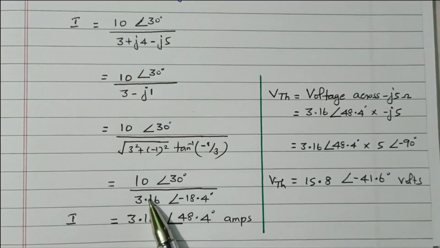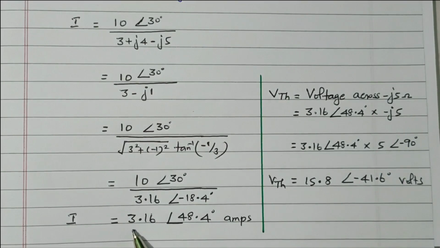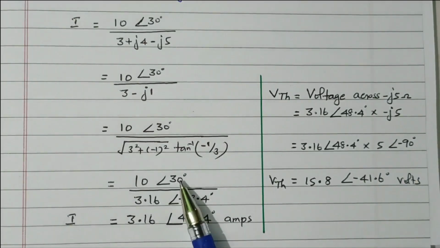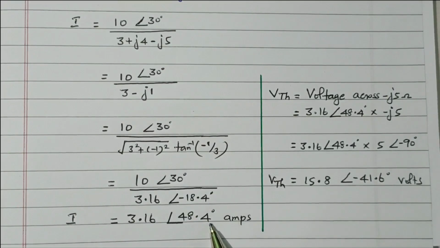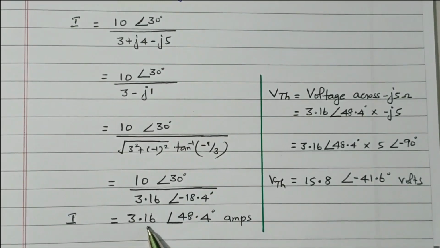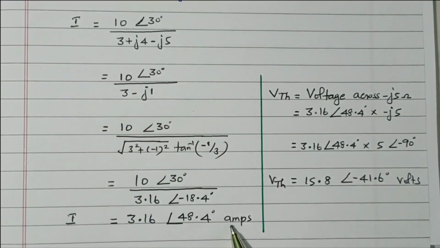So for the division, 10 divided by 3.16 gives 3.16 ampere. Then the angle is subtracted: 30 minus of minus 18.4, so minus becomes plus, giving 48.4. So the value is 3.16 with an angle of 48.4 degrees ampere.